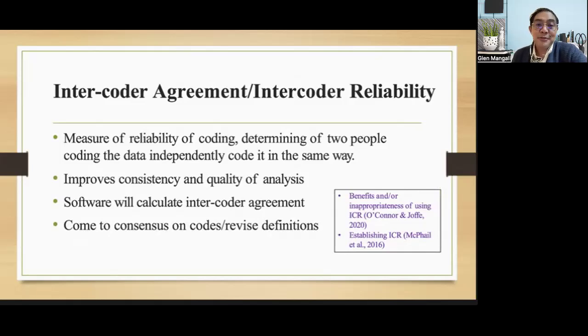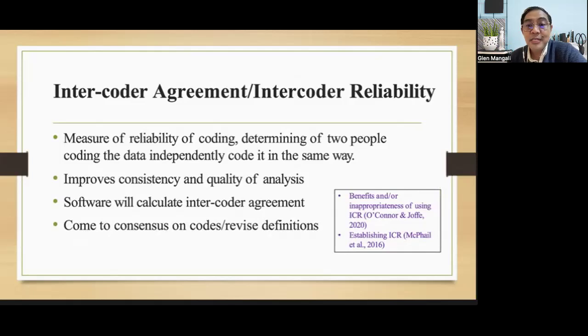And then there's another person who will validate or triangulate later on whether your developed themes and categories are acceptable and consistent all throughout. At the same time, the use of intercoder agreement or intercoder reliability is to improve consistency and quality of analysis.